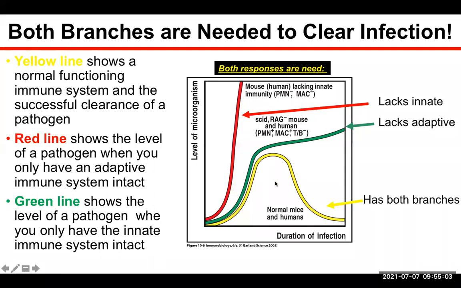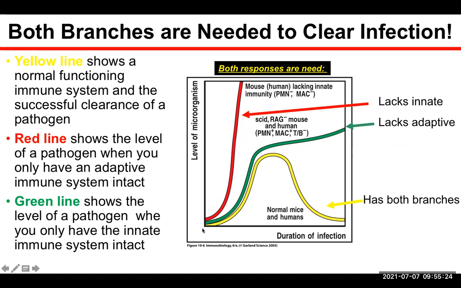This is a graph showing results from mouse lines that people have used to study immunity. In the green line, we have only intact innate immune cells, but we lack adaptive immune cells.